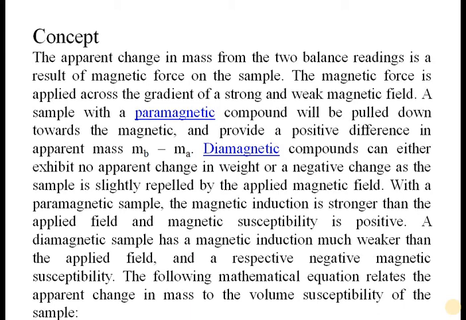A diamagnetic compound can either exhibit no apparent change in weight or a negative change as the sample is slightly repelled by the applied magnetic field. With a paramagnetic sample, the magnetic induction is stronger than the applied field and magnetic susceptibility is positive. A diamagnetic sample has a magnetic induction much weaker than the applied field and a respective negative magnetic susceptibility. The following mathematical equation relates the apparent change in mass to the volume susceptibility of the sample.